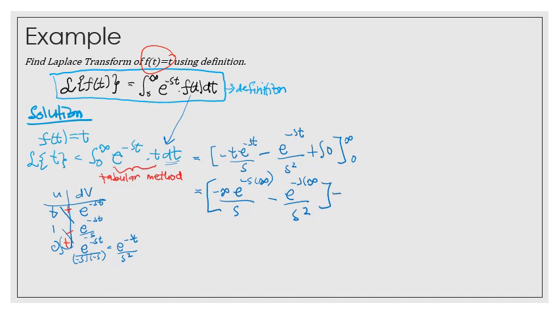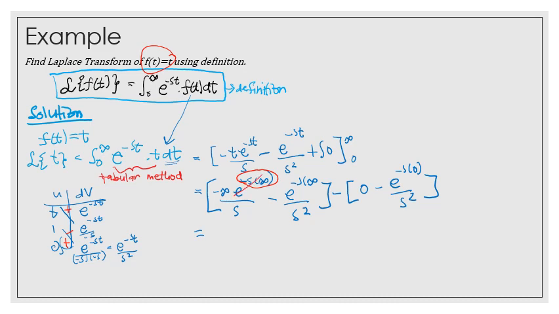We will have negative. Substitute now t with 0. So t here is equal to 0, and when we multiply with any expression, we get 0. So 0 minus exponent negative s multiplied by 0 over s squared. Then here we have minus s multiplied by infinity, we will get negative infinity.